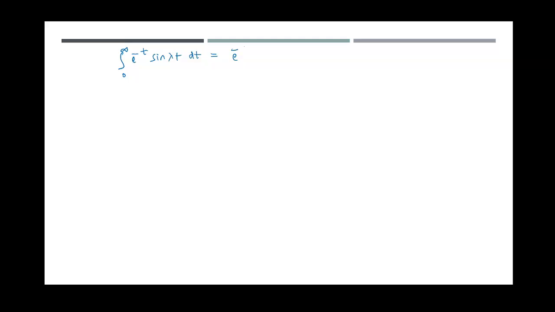So you get e power minus t upon 1 plus lambda square, into a sin bt minus b cos bt, under the limits 0 to infinity.